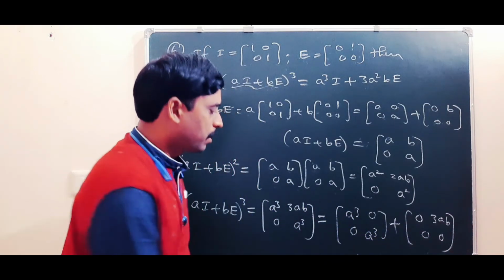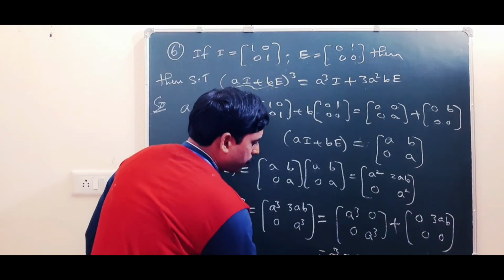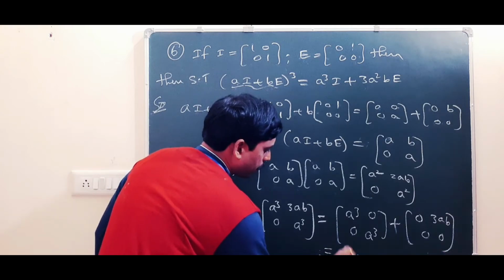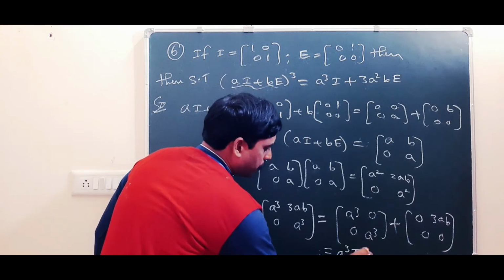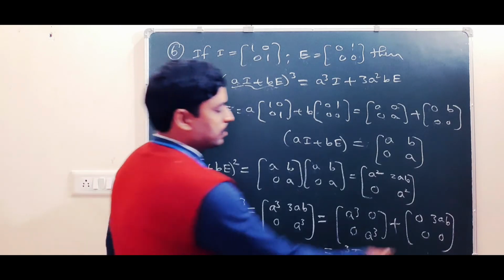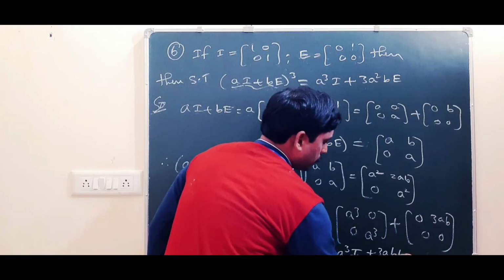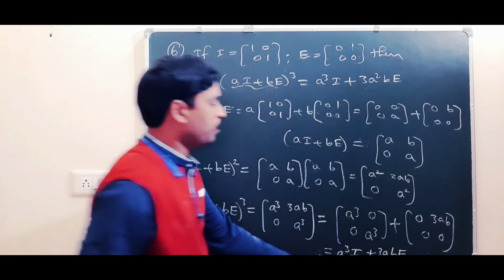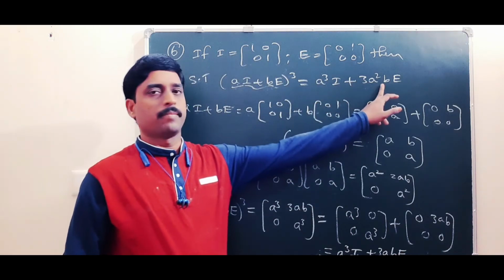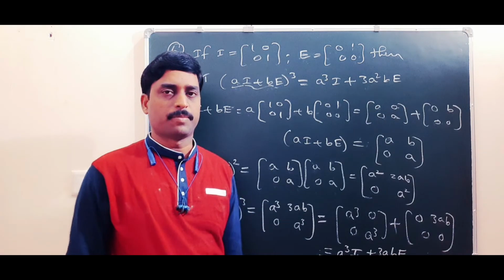In the first one, take A cube common, A cube into 1 0 0 1, which is the unit matrix I. In the second one, take 3AB common, and 0 1 0 0 is nothing but E. So A cube I plus 3A square BE. So hence proved.